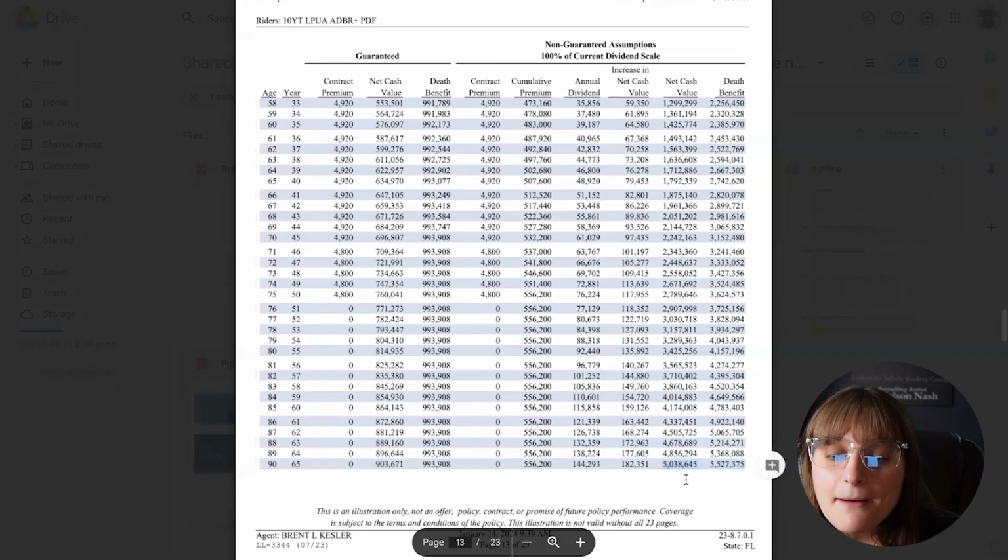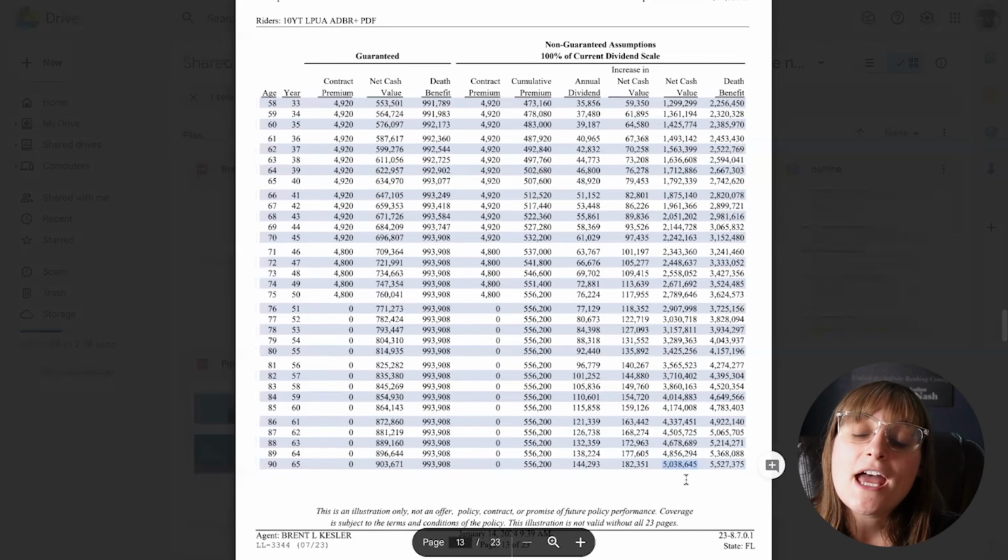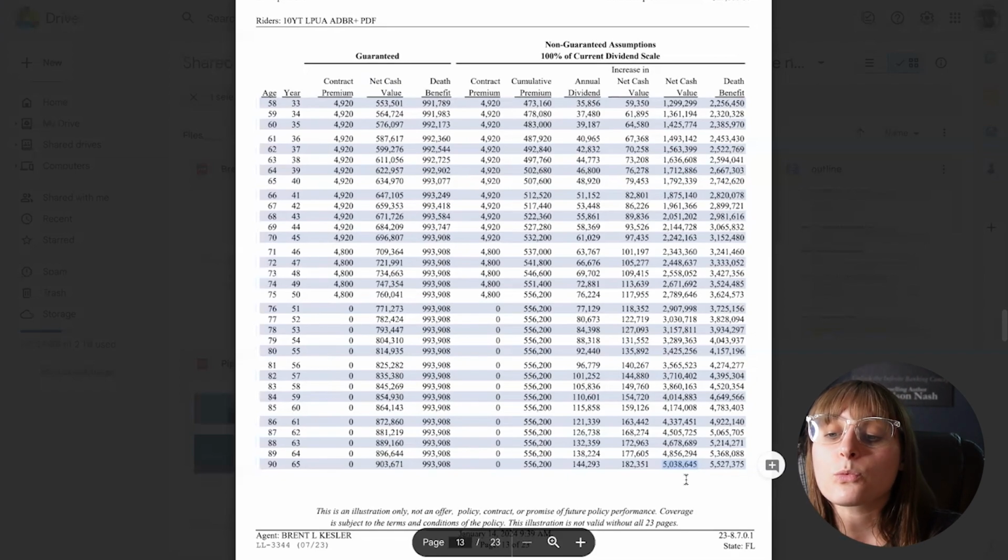So if I pass away at the age of 90, the insurance company would take that 5.5 million in death benefit and subtract the 5 million in some change that I have as outstanding loans that I did not pay back to the policy. And then that remaining portion, about 500,000, would get paid out to my beneficiaries.